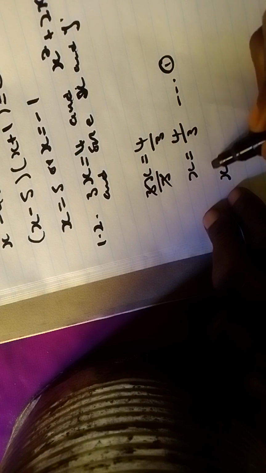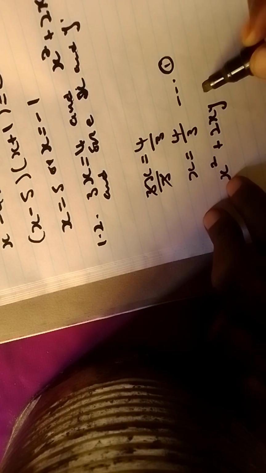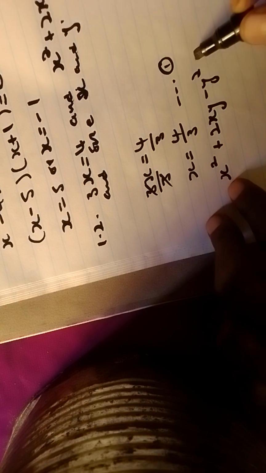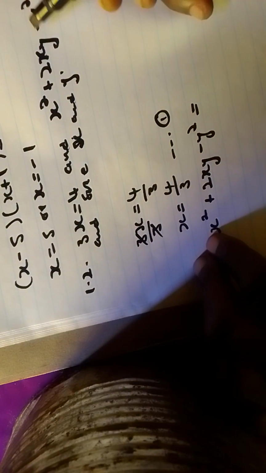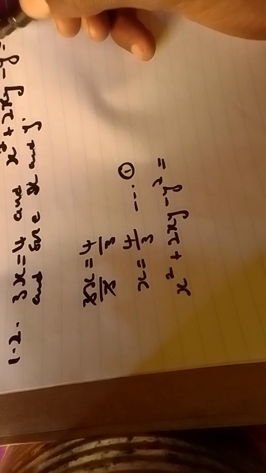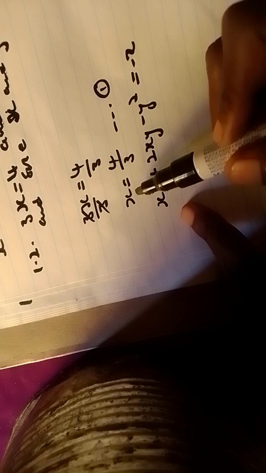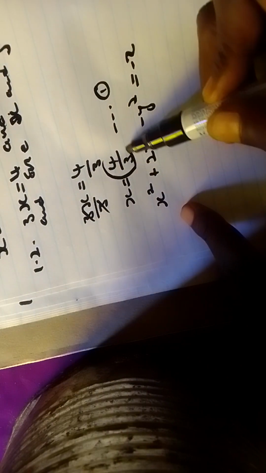x squared plus 2xy minus y squared is equal to, oh, I forgot something here, it was equal to negative 2. Here is negative 2. Now, because we already have the value of x, we take the value of x and substitute where there is x.